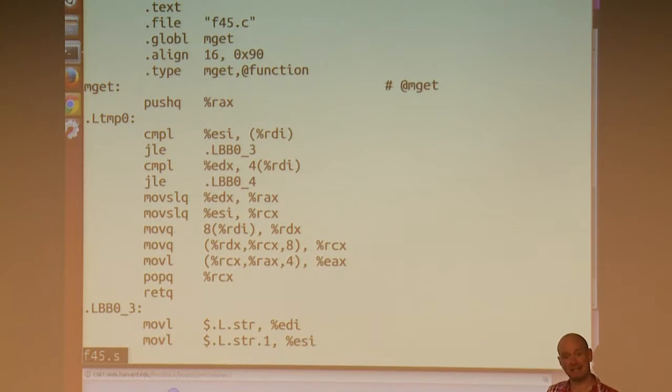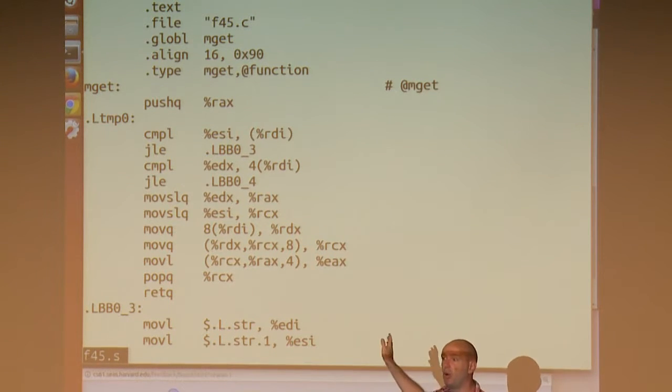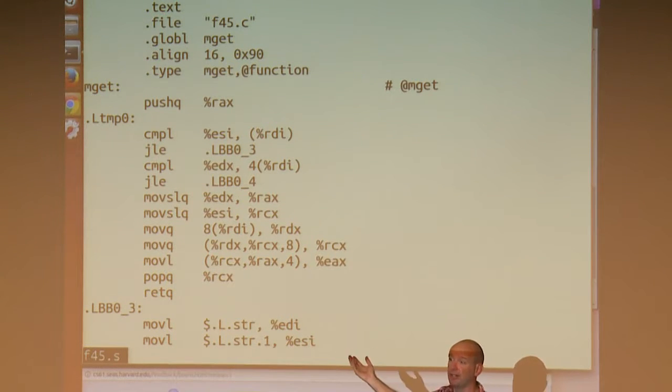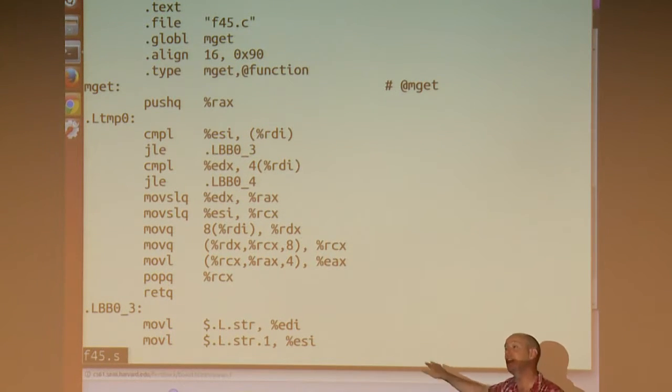For instance, we know that assert fail never returns, so it would be safe to blow away the current function stack frame. You could jump to assert fail rather than call assert fail. That would be safe. But the compiler doesn't appear to know that or hasn't taken advantage of it.